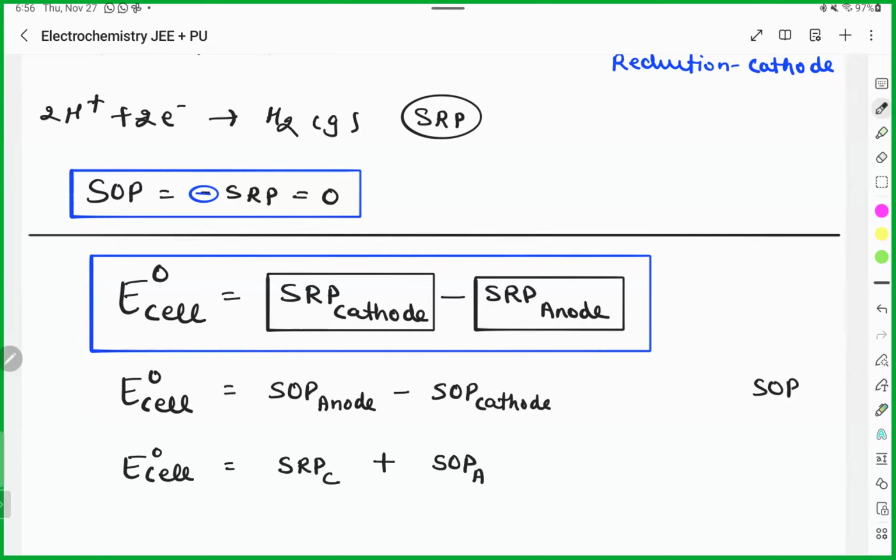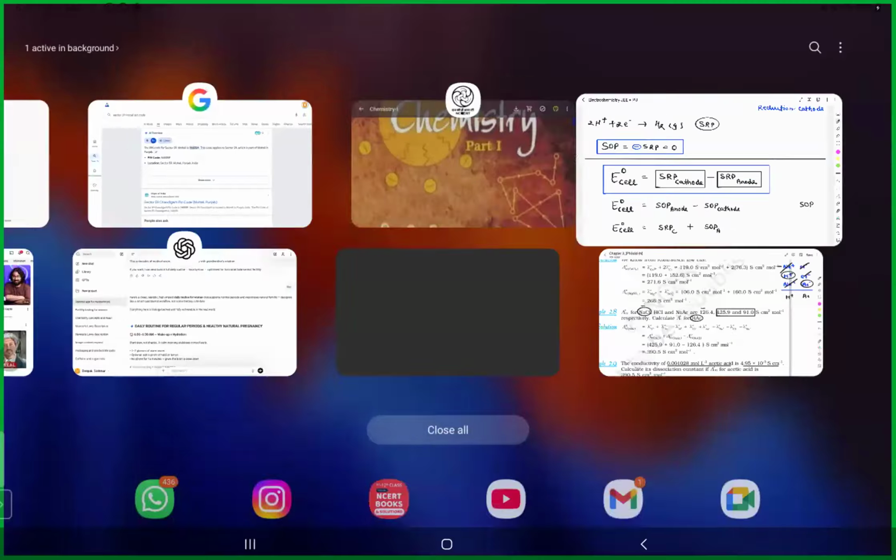Plus. Okay. So if you remember three formulas, it will be really confusing. Just imagine cathode minus anode. Cathode undergoes reduction, reduction has more value, and anode undergoes oxidation, oxidation has less value. Even if you see the table given in NCERT, no?